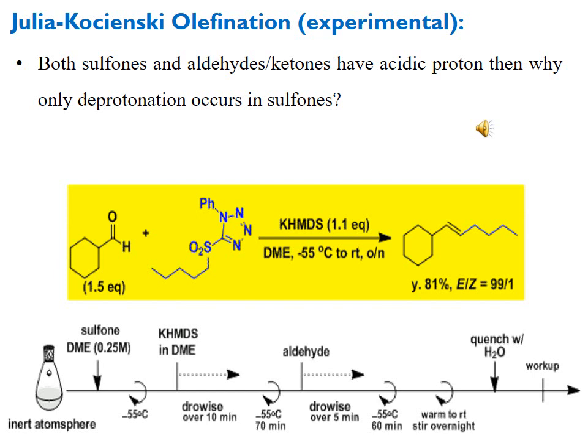We have taken only the sulfone having the acidic proton, and the base is treated with it, so that we get the carbanion. Then in the next step, after stirring for some time, the aldehyde is added, and this aldehyde will act as an electrophilic center, and the already present carbanion will act as a nucleophile, and the reaction will proceed.